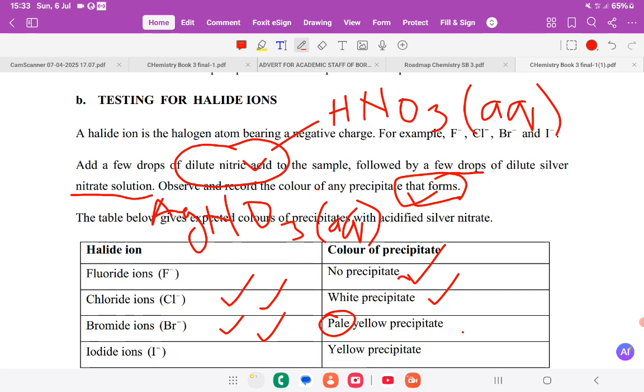If the solution contains iodide ions, then you tell the presence of iodide ions by simply looking out for a yellow precipitate. So the formation of a yellow precipitate is an indicator that iodide ions are present. So this is how you would tell the presence of these halides in a given solution.